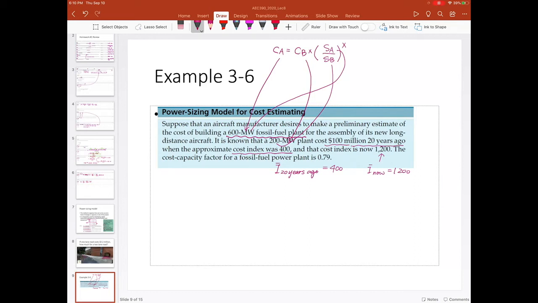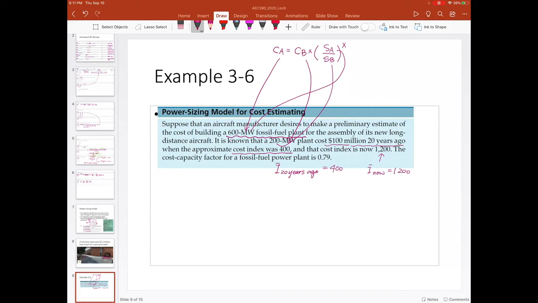So we will use the indexing method first to convert the price for the smaller plant 20 years ago to now. And then we're going to use the power sizing equation to calculate the cost for this new plant.